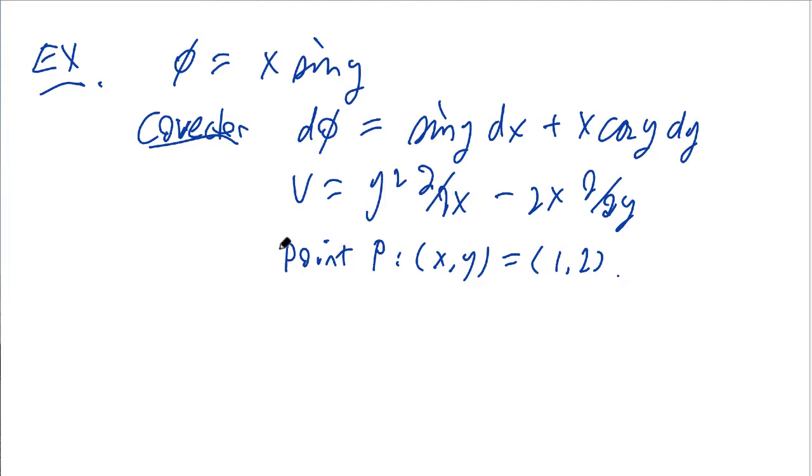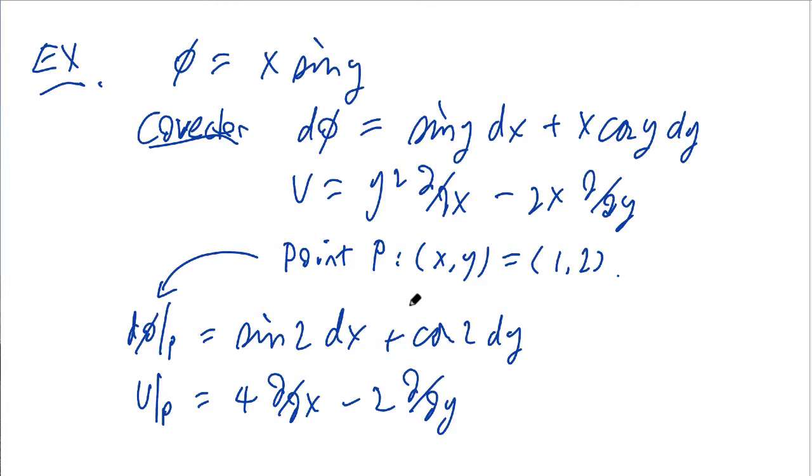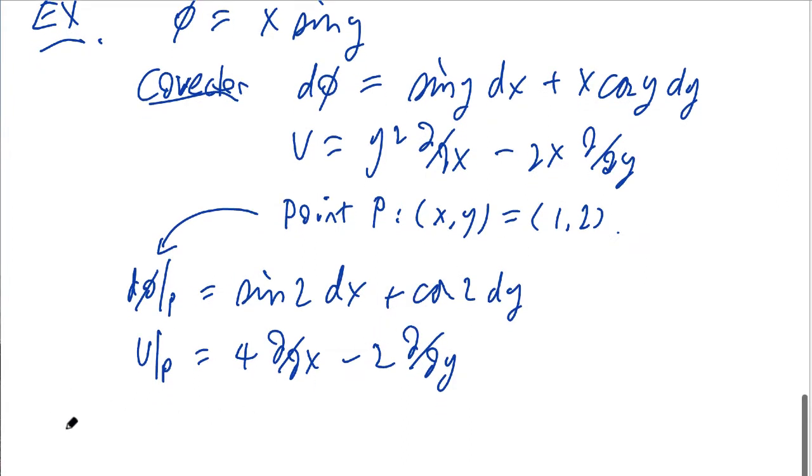All right, at this point, the covector at the point P is sine of 2 dx plus 1 times cosine 2 dy, and the vector it's going to act on at that point is just y squared is 4 d by dx minus 2 times 1 is 2 d by dy. So d phi at that point P acting on V at that point.